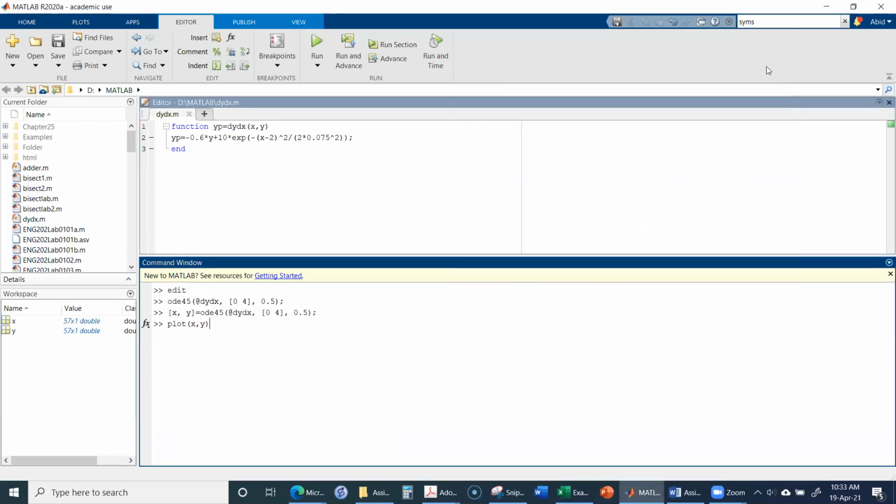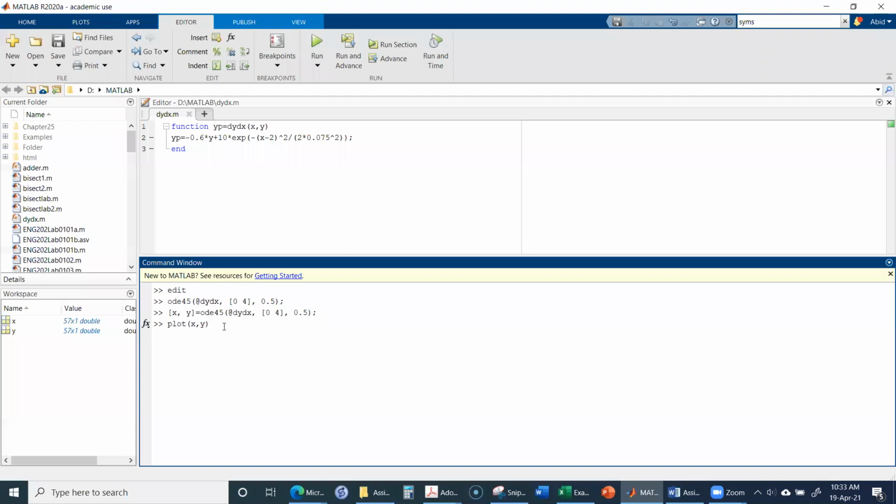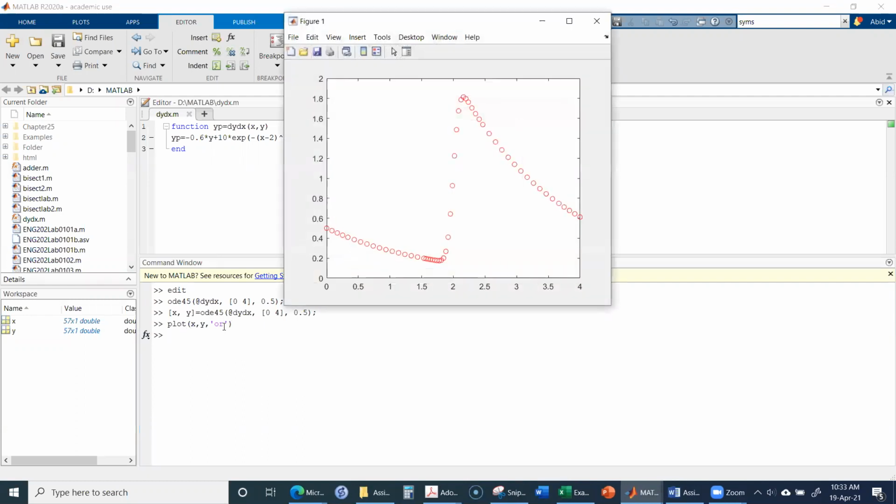So let me remove this. Plot xy, and we can plot it with circles, so we can put 'ok'. O is for circular markers, and K is for the black color, or we can use red color as well, so I can put 'or'.